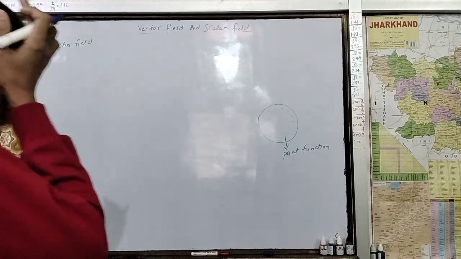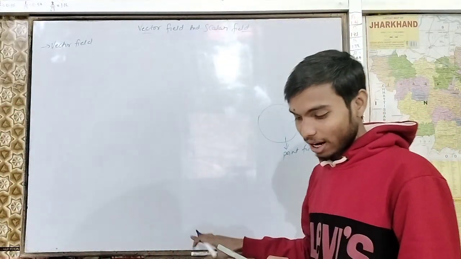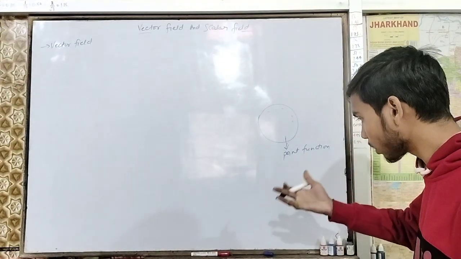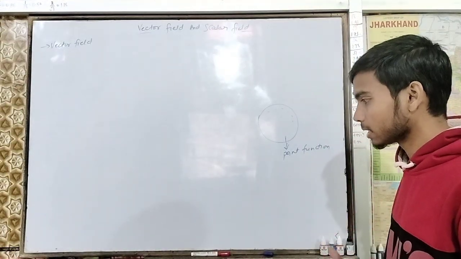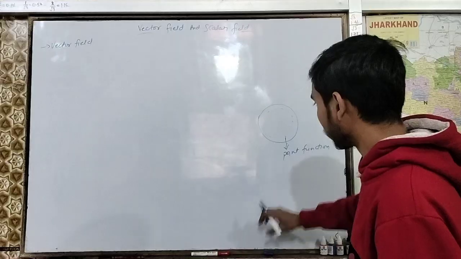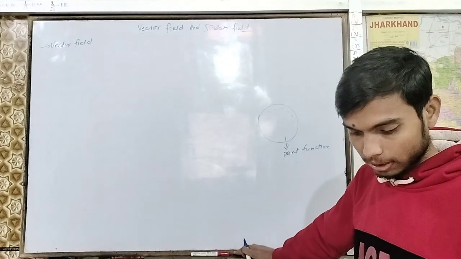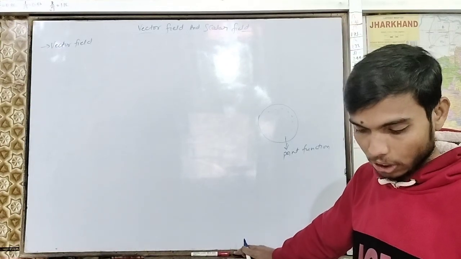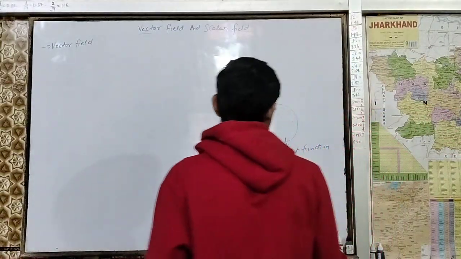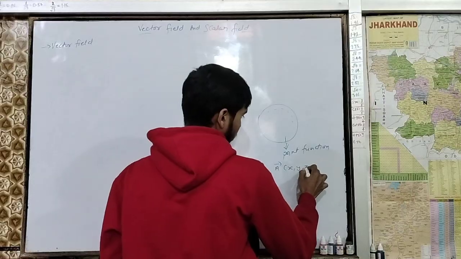Again, I will read the PPT. When a vector physical quantity is expressed from point to point in a region of space by a continuous vector function, let's suppose over here the vector is this, and the coordinates are x, y, z.